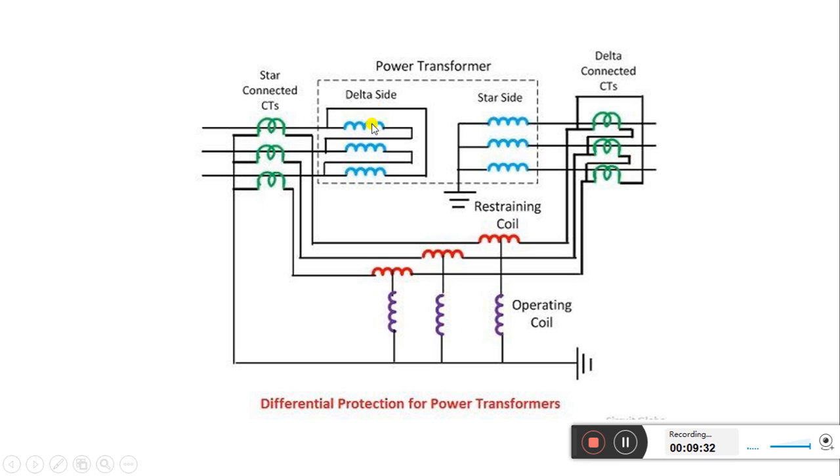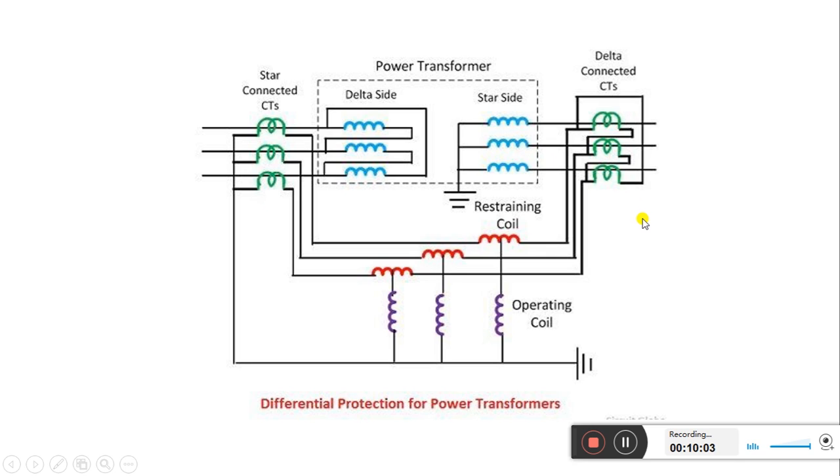So what has been done here: on the delta side, the power transformer winding is connected in delta form. In this case the CTs placed near the delta winding are connected in star fashion, and where the windings are in star connected form, the CTs placed on that side are usually connected in delta pattern.